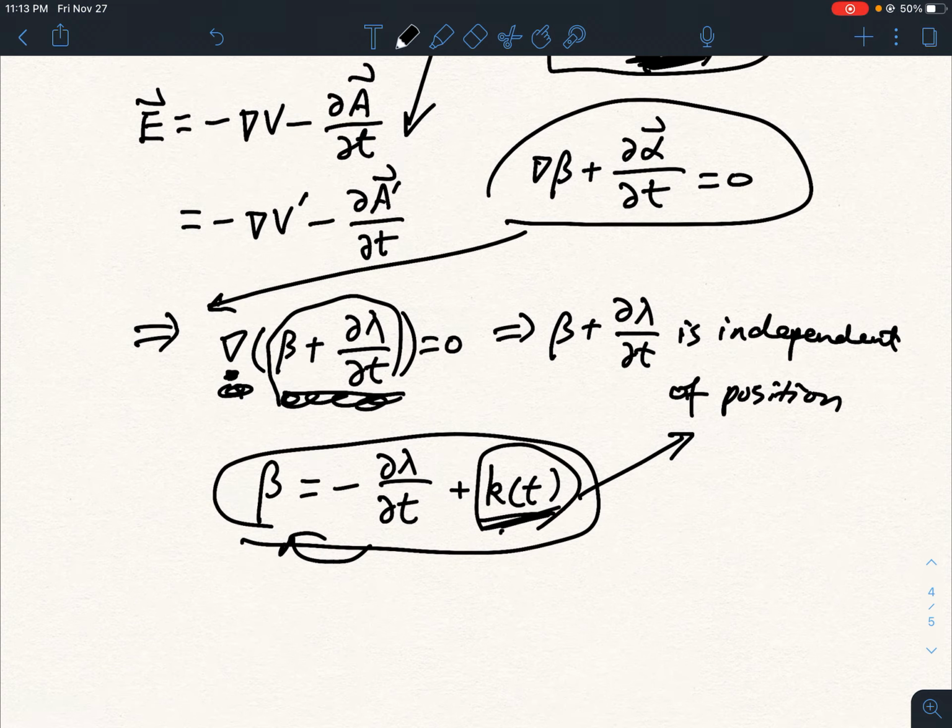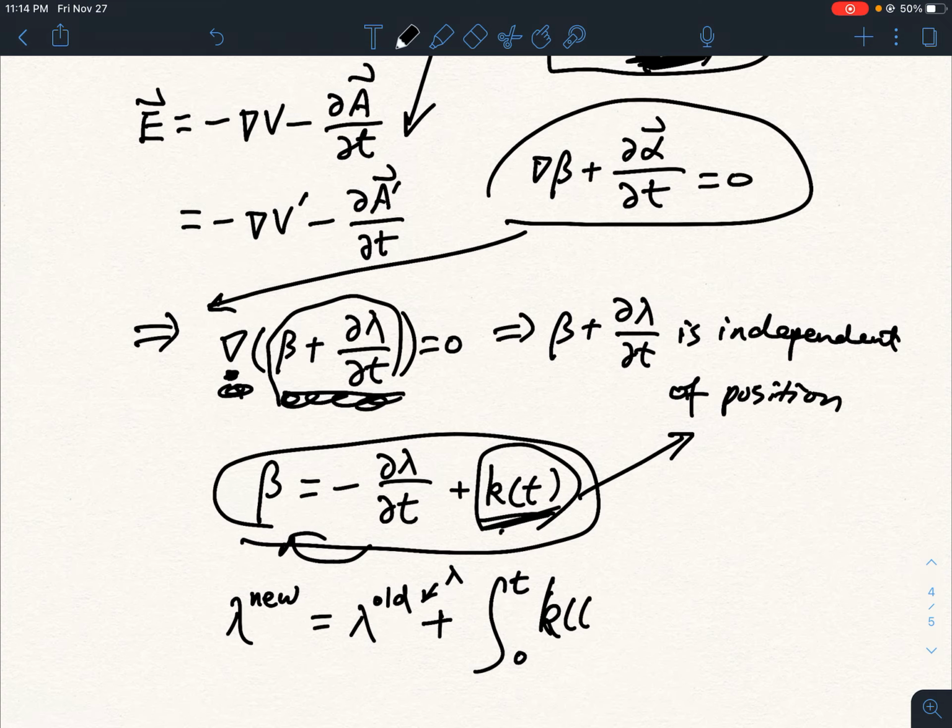Because we don't like this kt here, we can define a new lambda equal to the old one, which really just becomes the integral of kt prime dt prime. I need to integrate it because here is just a derivative with respect to time.